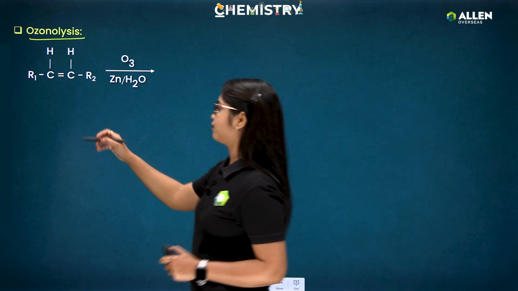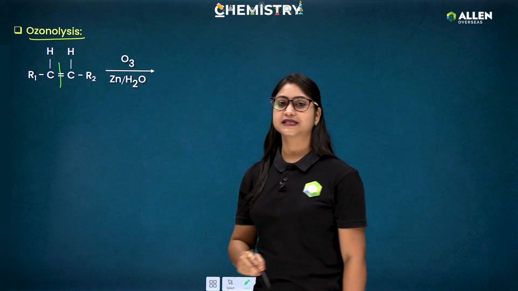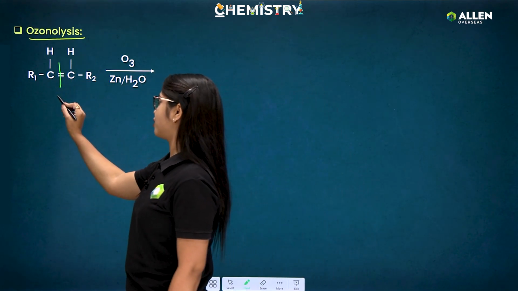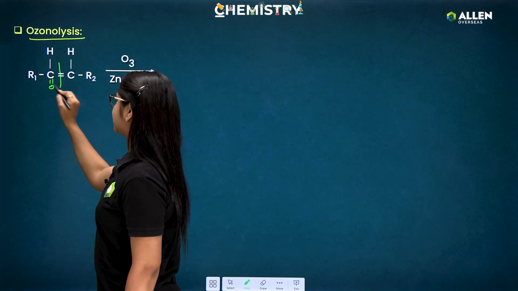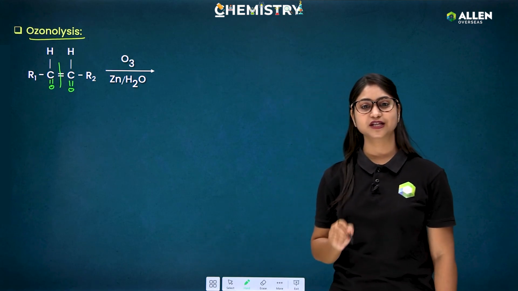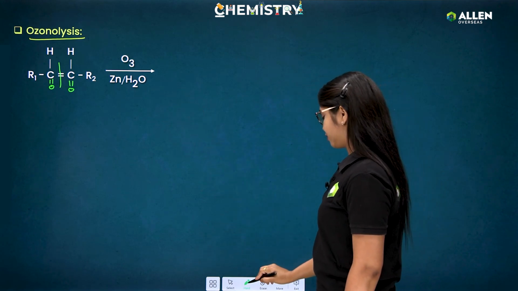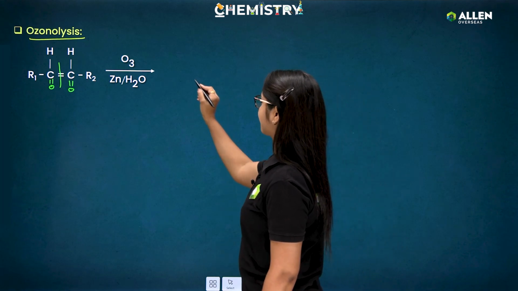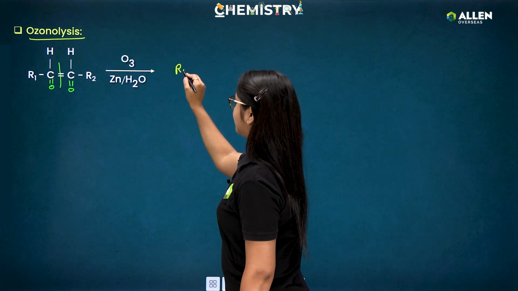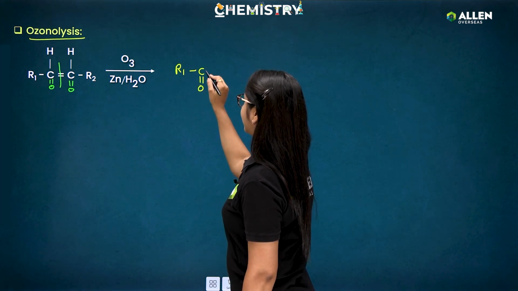And ultimately, after completion of reaction, we will see that after breaking the double bond, one oxygen atom is added on each double bonded carbon by double bond. Okay, these will be the final products. So if I make the products here, first product will be R1 C double bond O and one hydrogen.